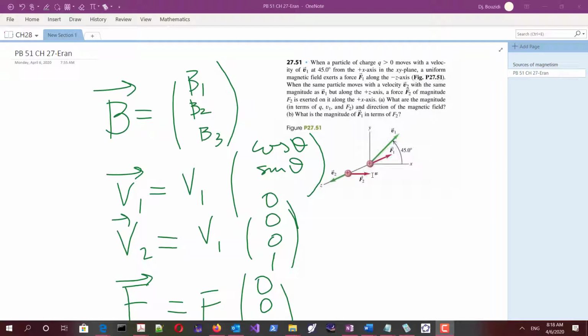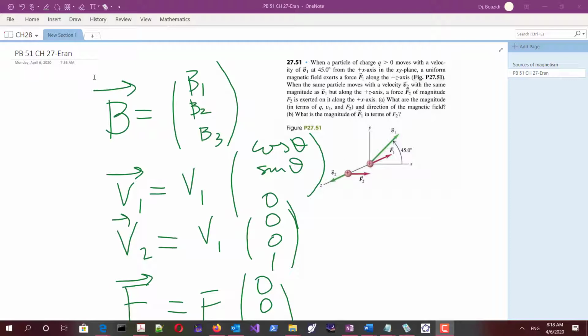So that's what we're given, and what we're asked is the magnitude of the magnetic field in terms of the charge Q, where the charge Q is assumed positive, which is a critical piece of information, and V1, which has the same magnitude as V2, and F2. Finally, they want to know the relationship between these two forces, F1 and F2.